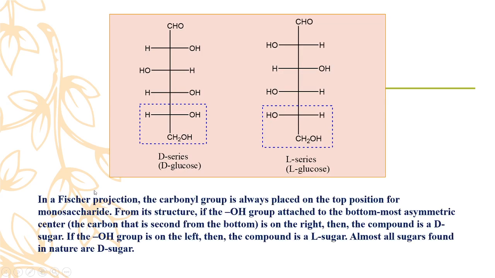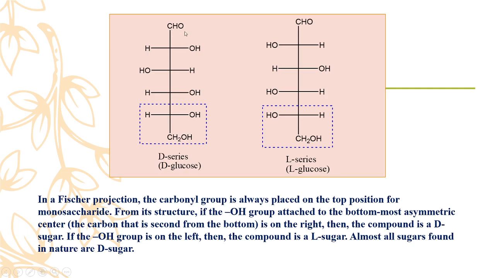That means in a Fischer projection, the carbonyl group is always placed on the top side. So for writing the structure of a carbohydrate molecule in the Fischer projection, always place the functional group on the top side.